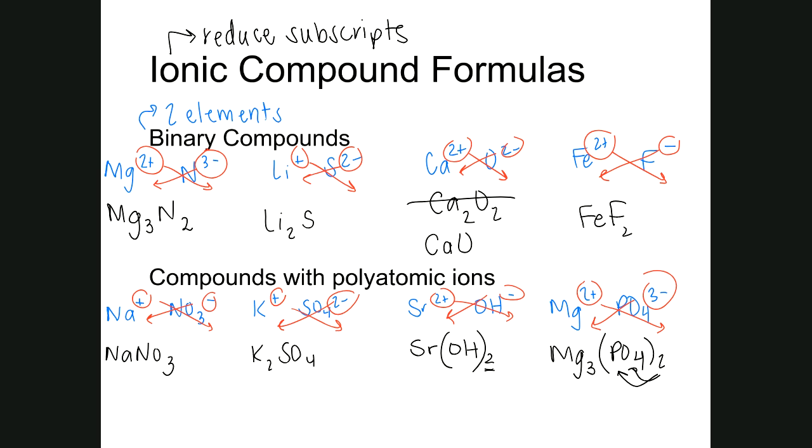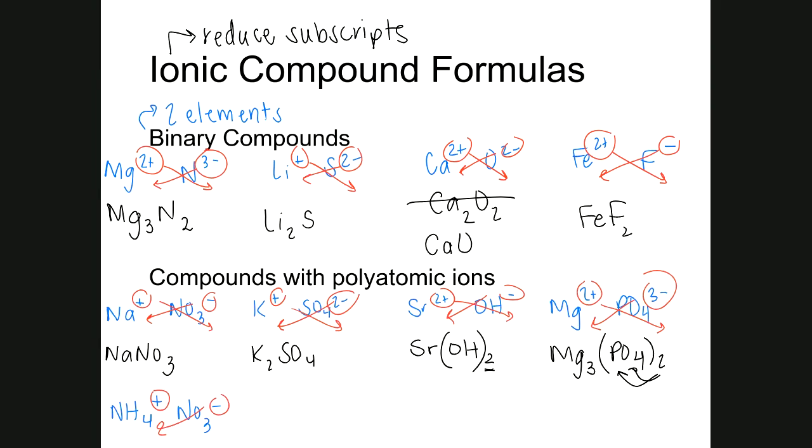Now it's possible for us to have 2 polyatomic ions put together because we have some polyatomics that are positive and some that are negative. So for instance, we could have something like ammonium, NH4+, and nitrate, NO3-. And so when we take those, it's 1 and 1.